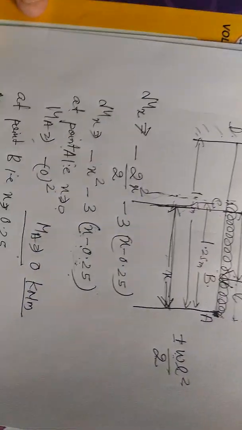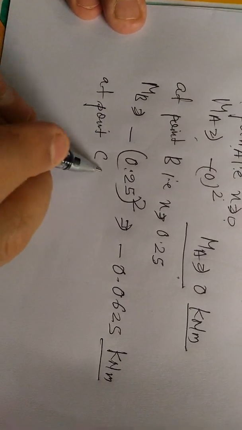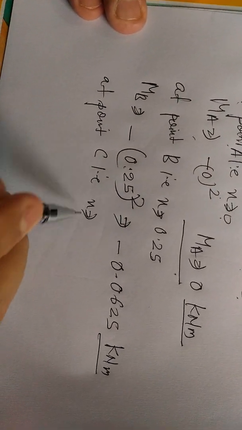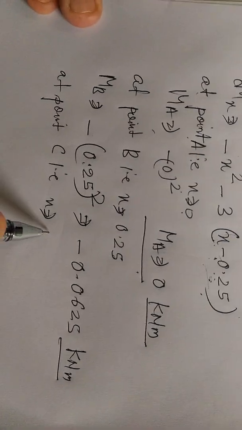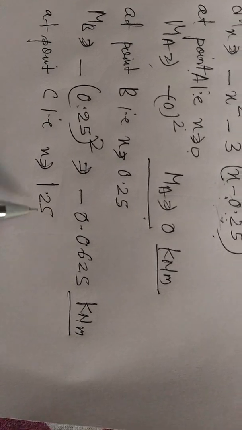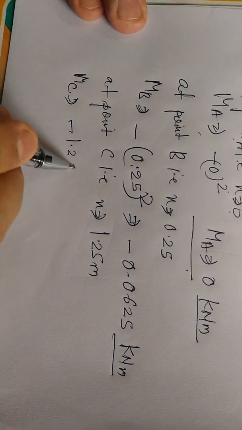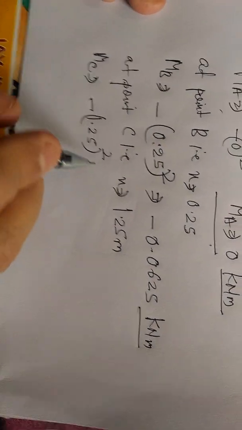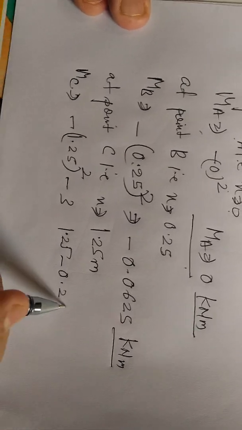Now finally at point C, so bending moment at point C, that is x is equal to this whole distance, that is 1 plus 0.25, that is 1.25 meter. So MC is equal to minus 1.25 square minus 3 into 1.25 minus 0.25.